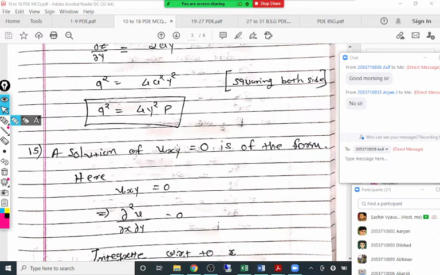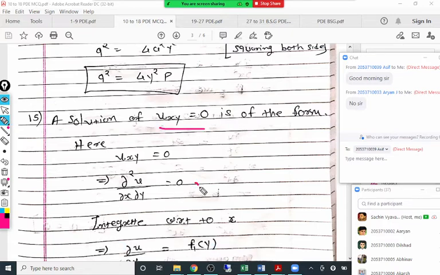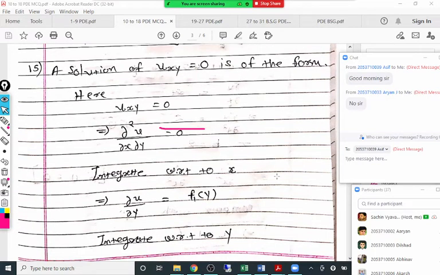A solution of uxy equal to 0 is of the form dou square u by dou x dou y, correct? This is another notation. U of xy is written this way. So we have to integrate with respect to... now this is the important part. Whether you will integrate with x first or y first.